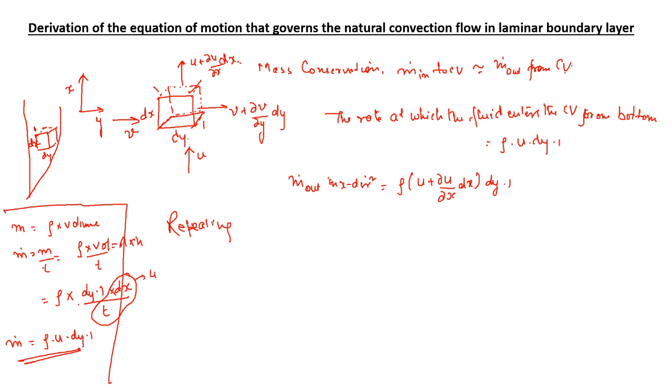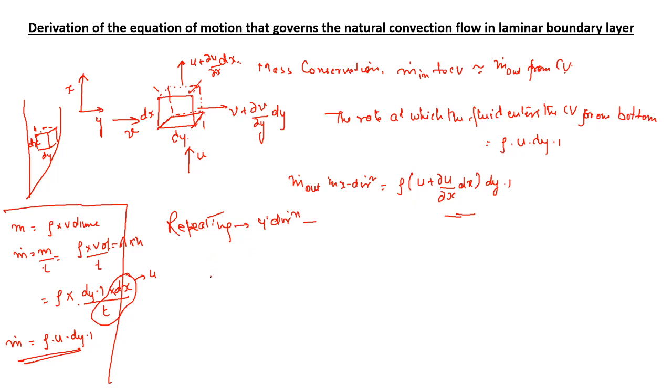Repeating this equation in the y direction, we have the same results in the y direction, but the suffix will be replaced. Now let's repeat for y and add with the x direction, so we have the net result.